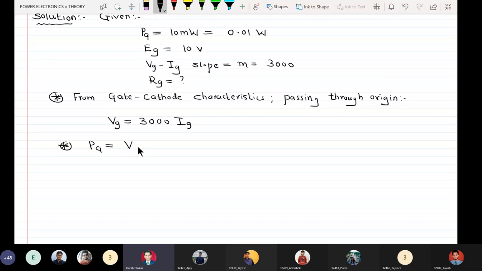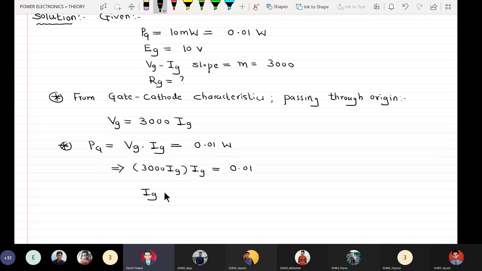Pg is equal to Vg into Ig, which is equal to 0.01 watt, which is equal to 3000 times Ig into Ig, is equal to 0.01.